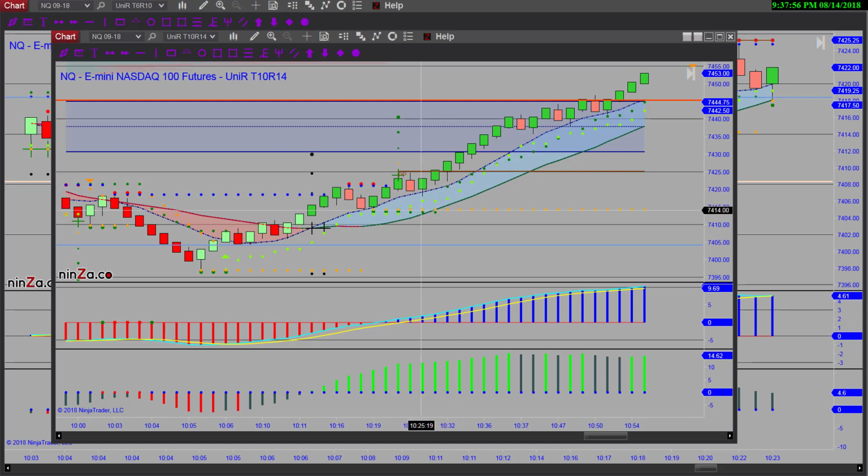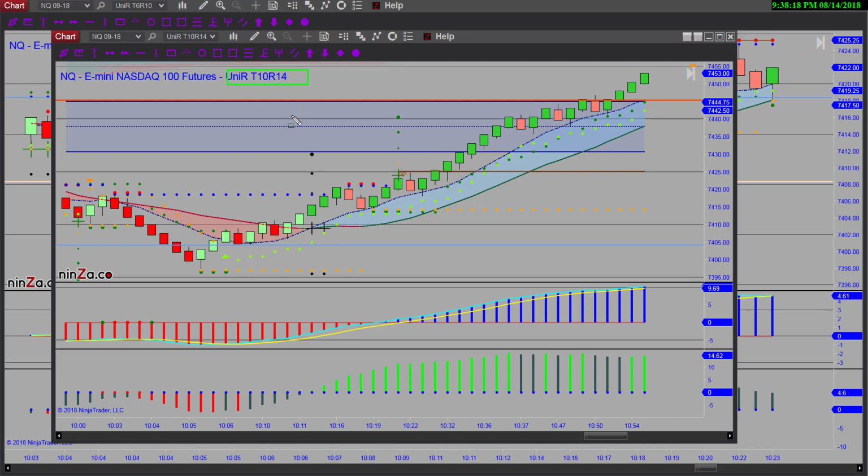What am I learning from that? What I'm probably learning here is that the 10 tick Renko is probably the better one to trade on. The 6 gives me more signals, but it'll give me more false signals.